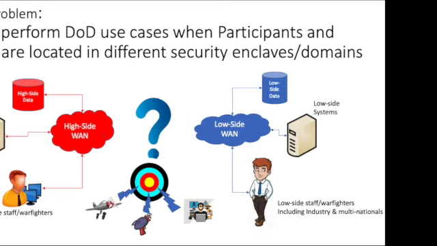The DoD has all kinds of entities communicating on those different wide area networks, but a lot of the business processes require coordination across both of those domains. Well, how do you do that? That's been a problem since day one of networking, and to date, the problem still exists.